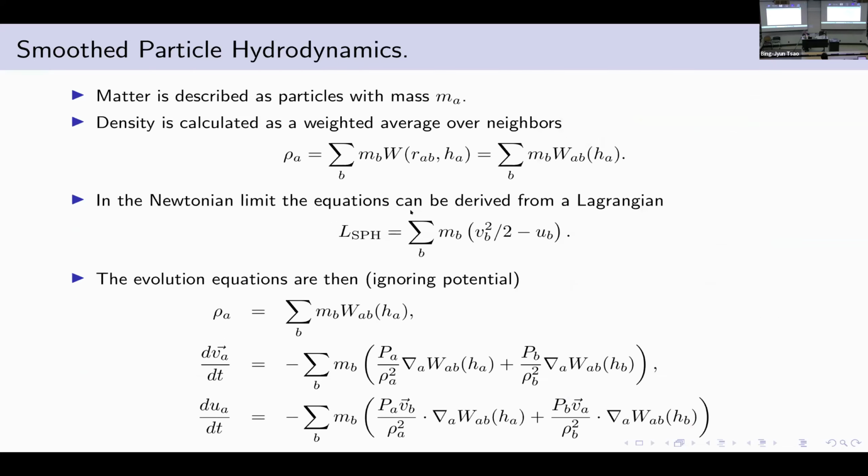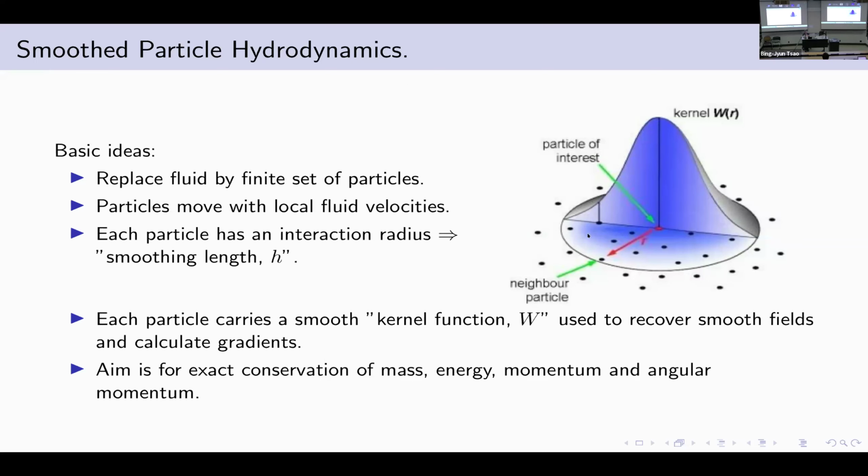Each particle gets assigned a mass, and that mass is constant during the evolution. So by default, we have conservation of baryon mass.